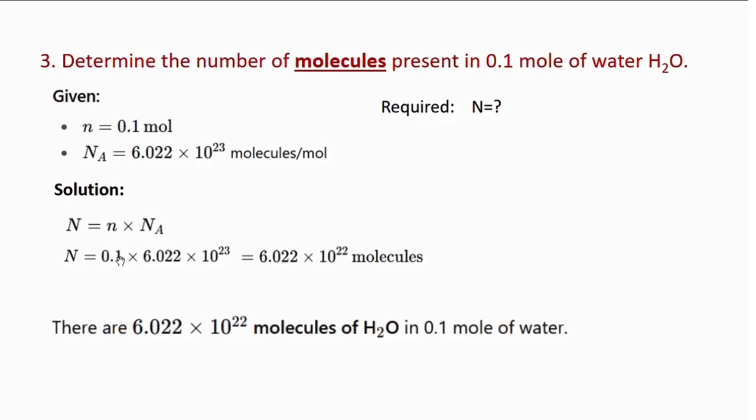Then we multiply these numbers and leave the power of ten out. We get this result. Then we can say there are 6.022 times 10 to 22 molecules of water in 0.1 mole of water.